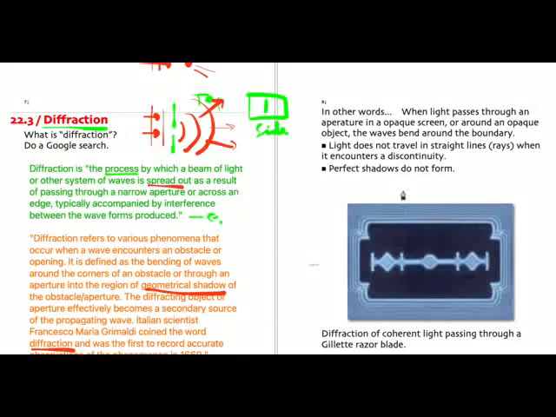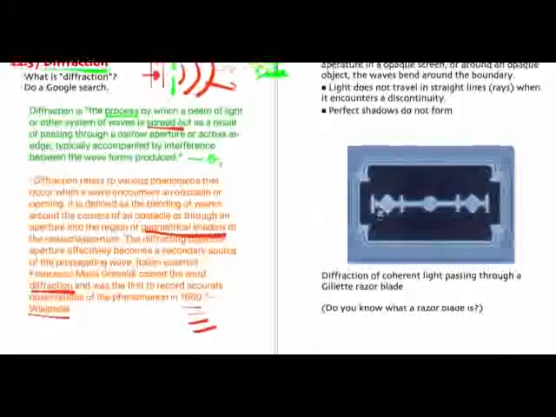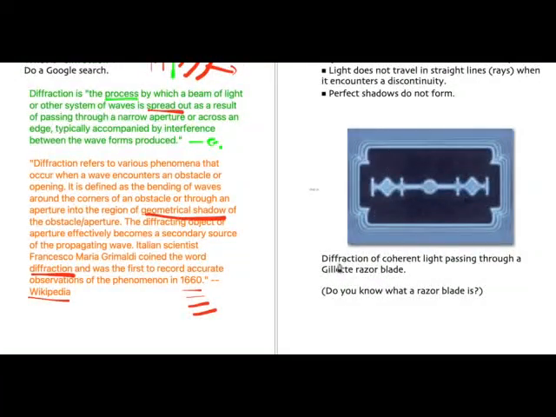Now here's a well-known example of diffraction, which occurs in many textbooks. I don't think it's in our textbook, but anyway, you can find this picture all over the internet and all over books about optics. This is a photograph of coherent light passing through a Gillette razor blade. Now, at your age, you probably don't know what a razor blade is. You've probably never seen a razor blade.